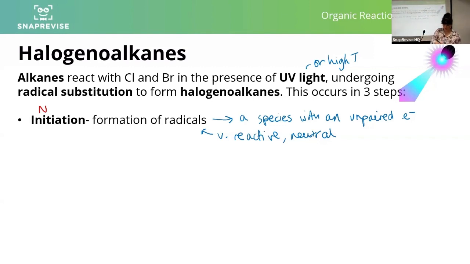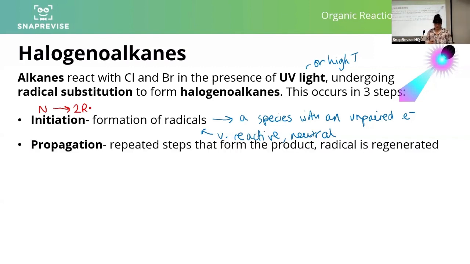It has to start with a normal species and form 2 radical species. If it does that, it's initiation. It's creating at least 1 radical. You can't start with no radicals and not create 2 because of the way that homolytic fission happens. But we have to form a radical in initiation from no radical.